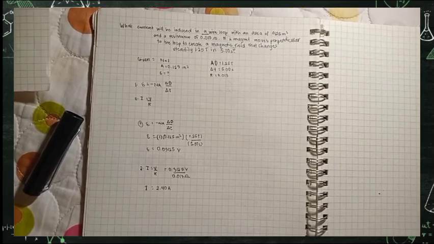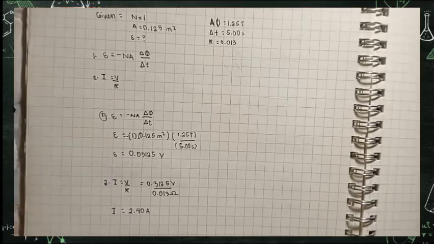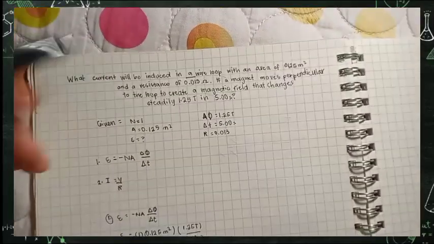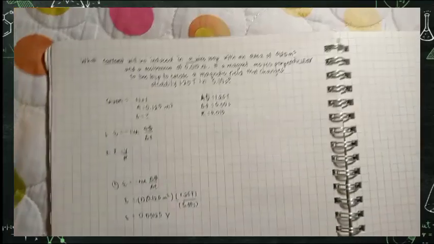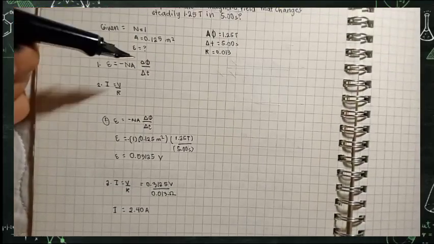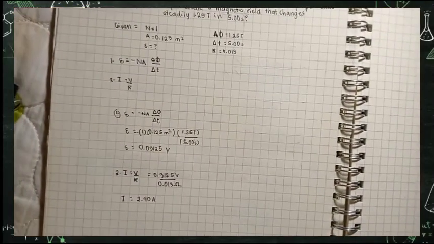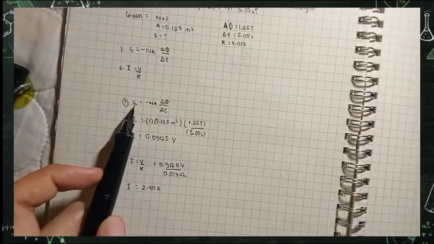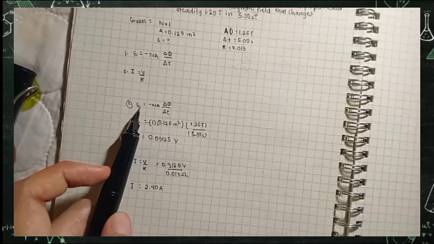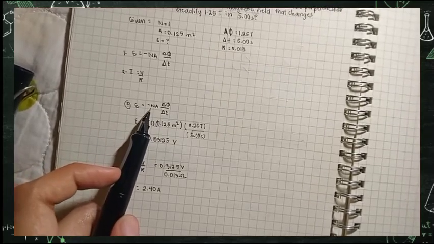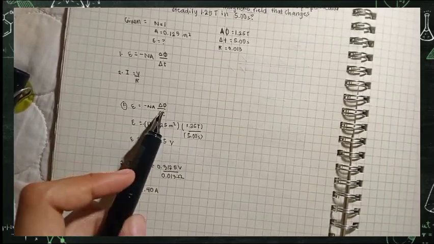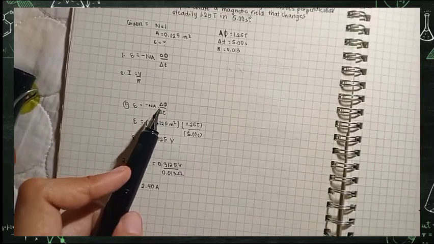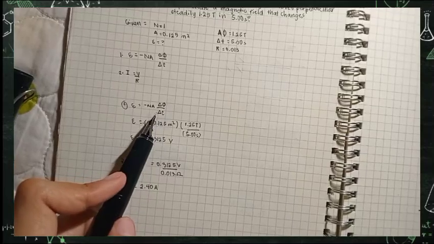So first we have to find our EMF, or our voltage, because in the problem, what we are looking for is the current. So all you have to do is substitute all the given in our formula. So here is our formula: E, or EMF, is equals to negative number of loops times area times change in magnetic field divided by change in time.